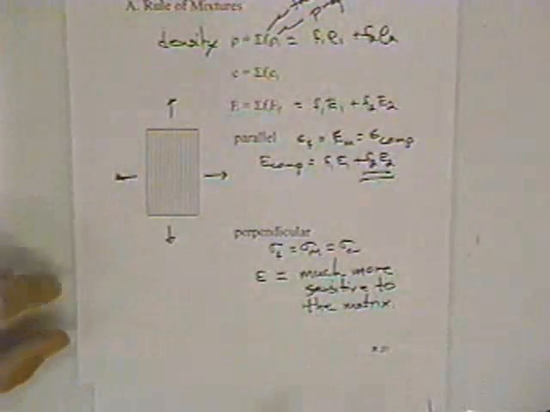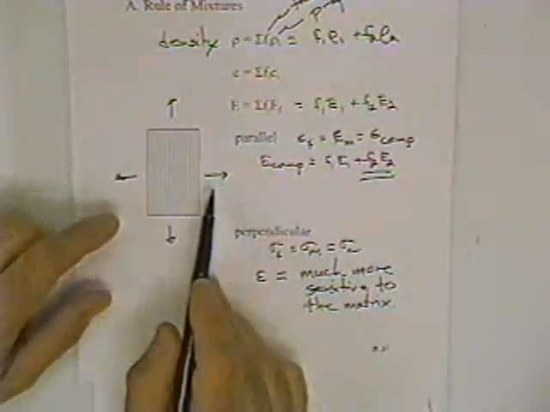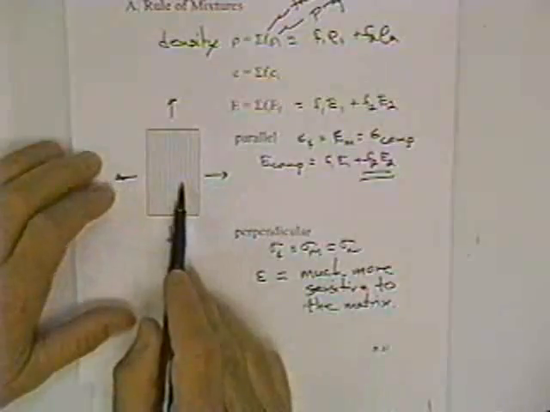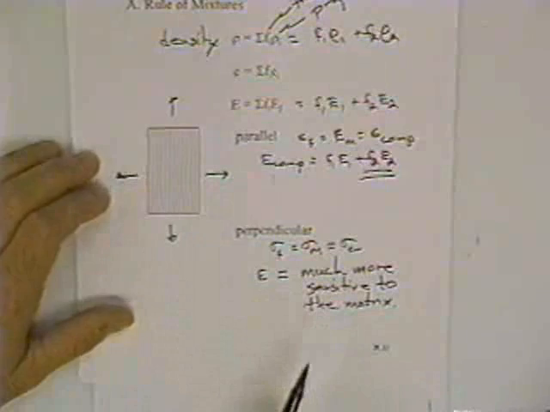And while the higher volume fraction will help you some, you can see here really that if you're going to pull this way, the fibers aren't going to contribute anywhere near as much as the matrix. So here you're going to have a modulus that would be much closer to the matrix value than you would in the parallel value.